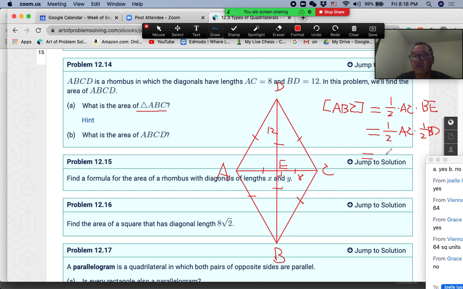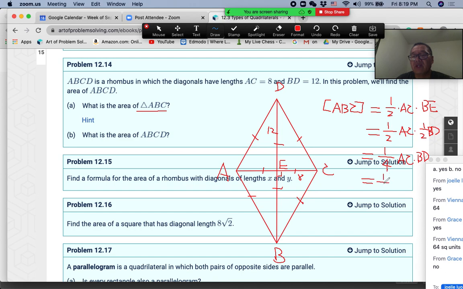So you get this one equals 1/4 times AC times BD. So here we get another formula. If you try to calculate the area of a rhombus, if you know the lengths of the 2 diagonals, then you multiply these 2 diagonals together, then divide by 4. This will give you the area of triangle ABC. But the area of this rhombus will equal the product of these 2 diagonals, then divided by 2, because the area of the rhombus is twice the area of triangle ABC.